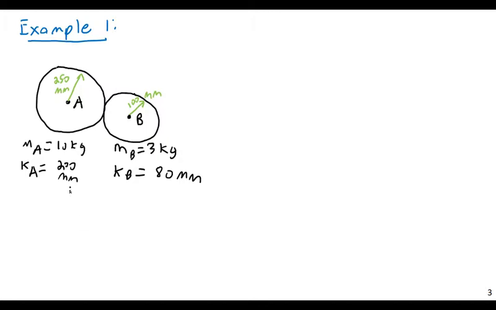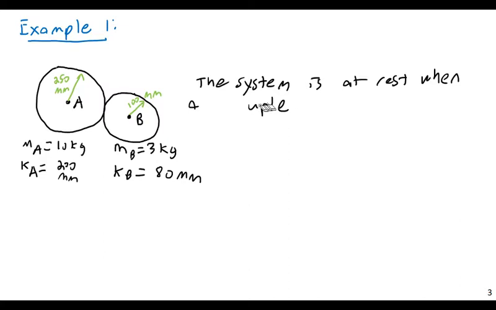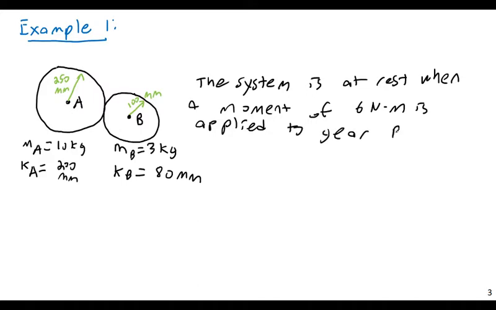All right, let us consider this. And then we'll also be told that the system is at rest when a moment, or when a couple, of let us say 6 Newton meters is applied to gear B. Again, I drew these as simple discs, but in reality, these are gears.